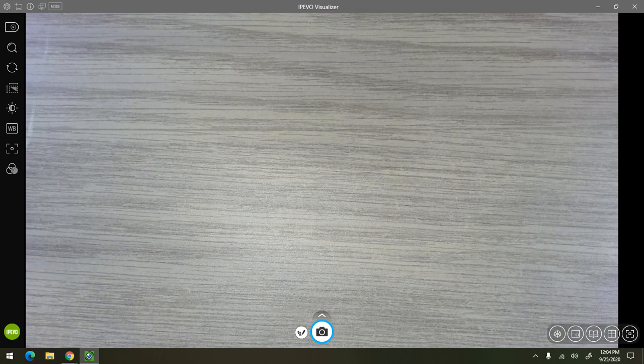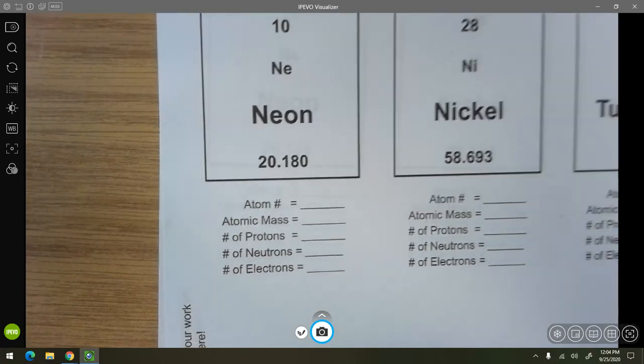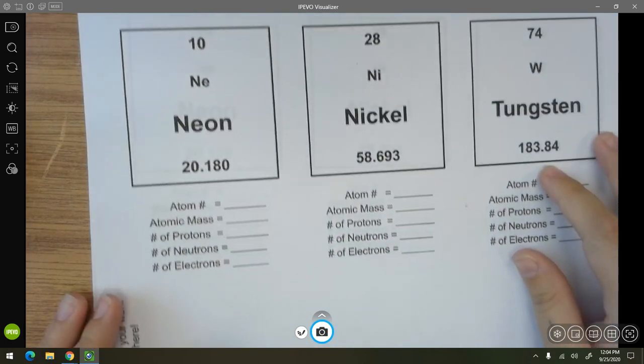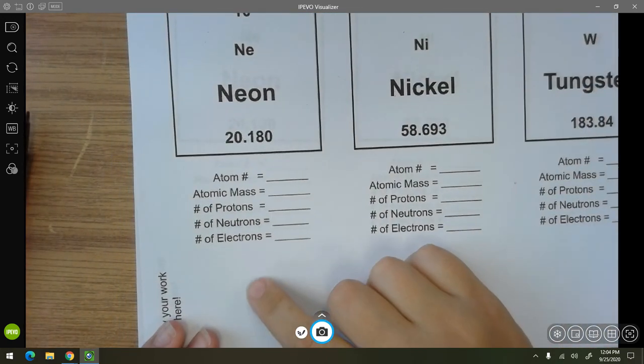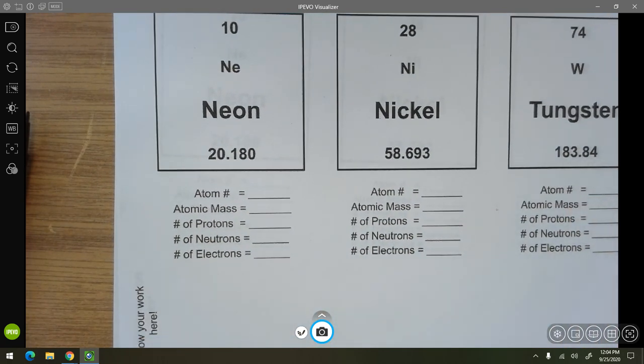So we have 3 things to practice with. Let me pull this up a little bit so you can see all 3 of them. Okay. And I even gave you a little space down here to work it out, and I'll show my work down there too. So you're going to have to practice with this more tomorrow, but right now, let's just do some together, and then that way you can always go back and check on them, okay?